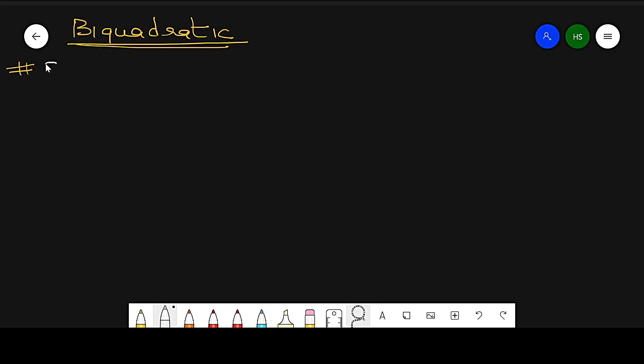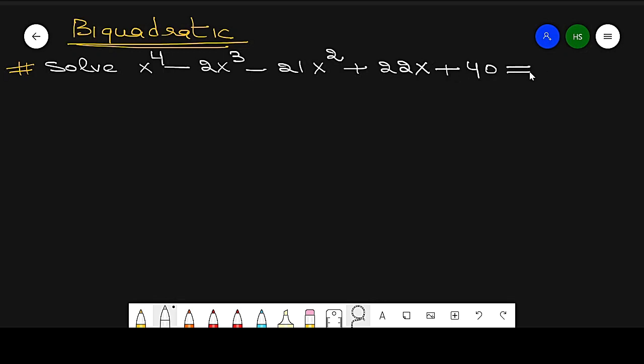So the first question is: solve the biquadratic equation x raised to power 4 minus 2x cube minus 21x square plus 22x plus 40 equal to 0, where the roots are in AP.